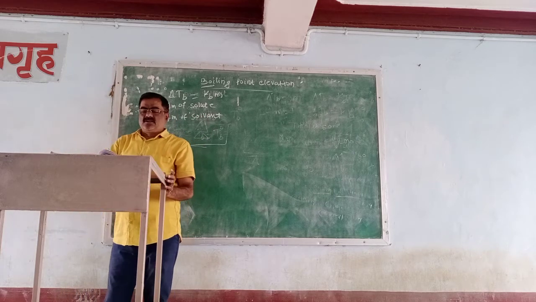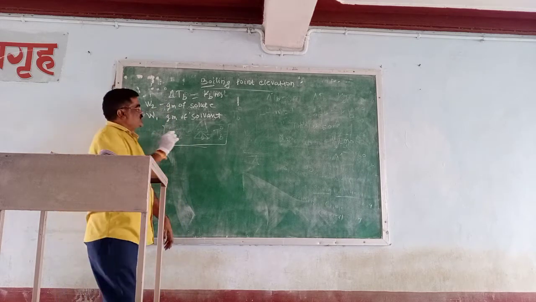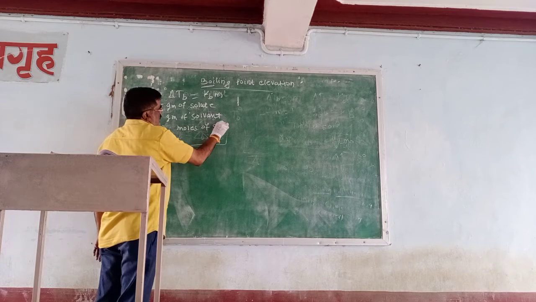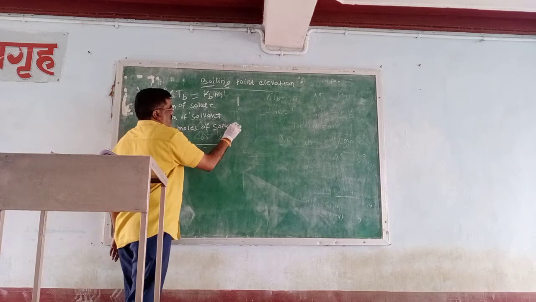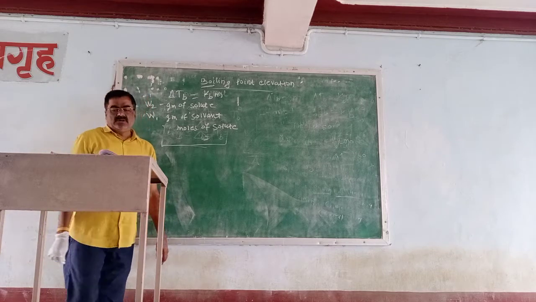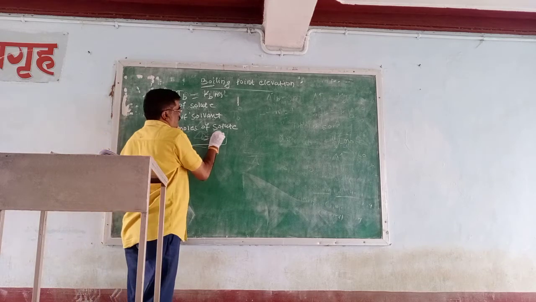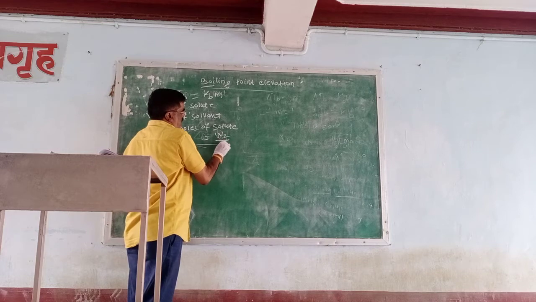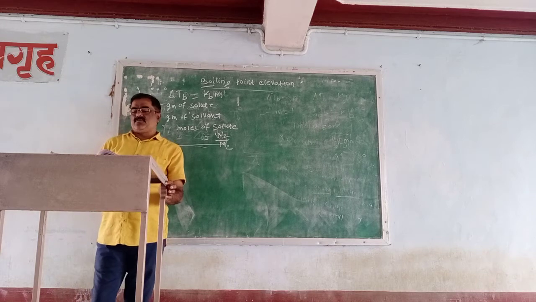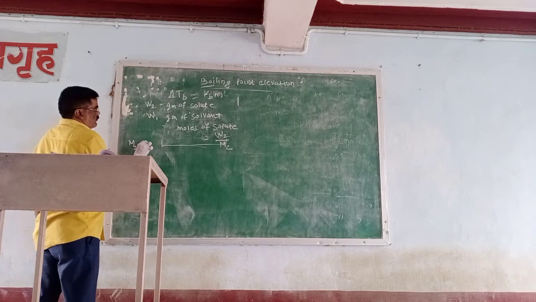Then the moles of the solute in W1 gram of solvent is W2 upon M2, where M2 is the molar mass of the solute.